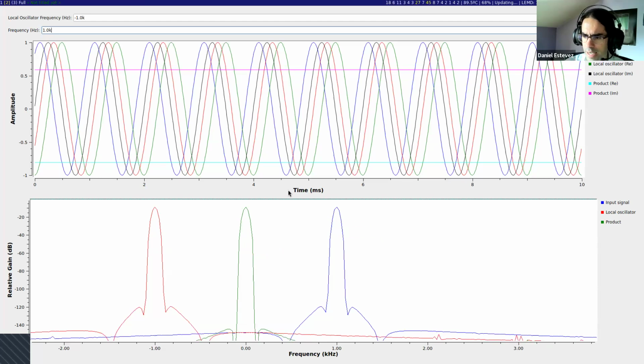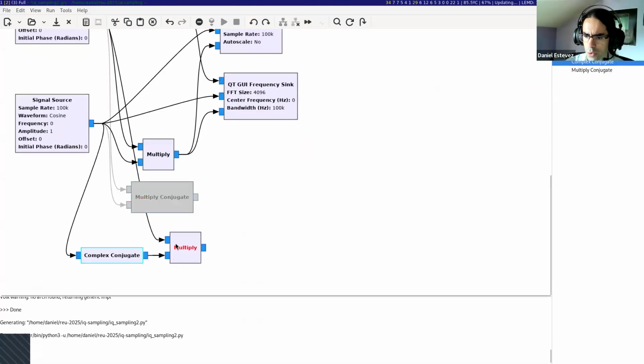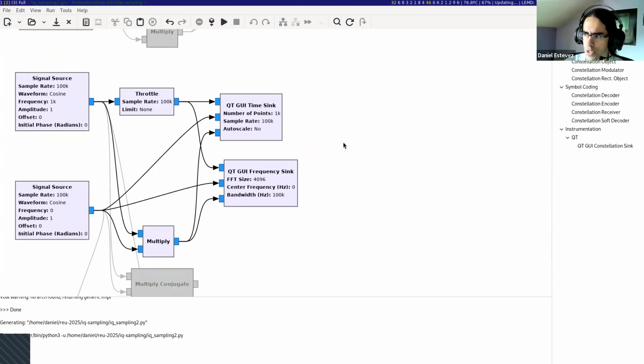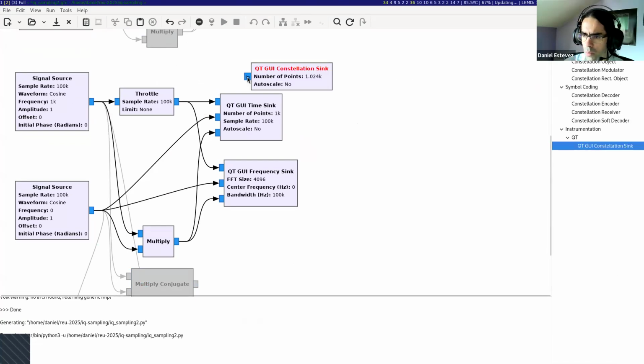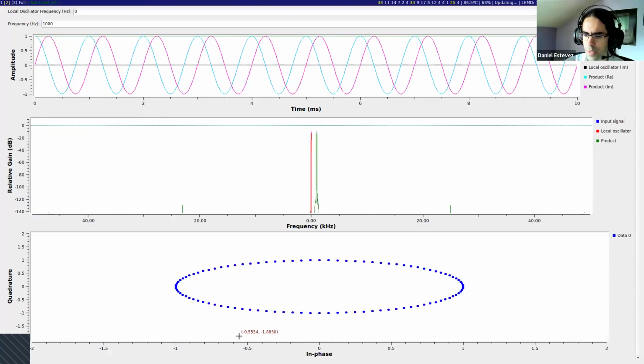There is another thing I wanted to show about complex signals to help intuition. And for that, I'm going to use a new block, which is the constellation sink. So I'm going to put it here to show you how it looks, and I'm going to explain what it does.